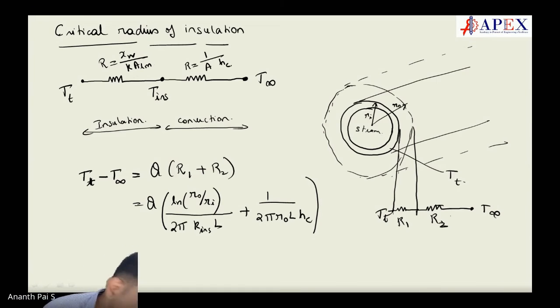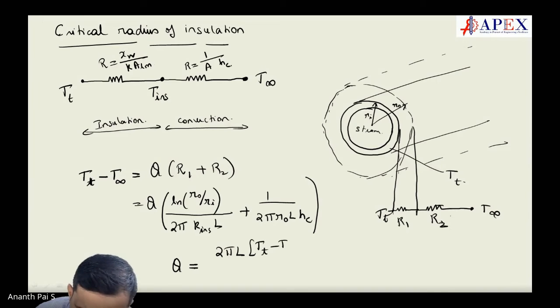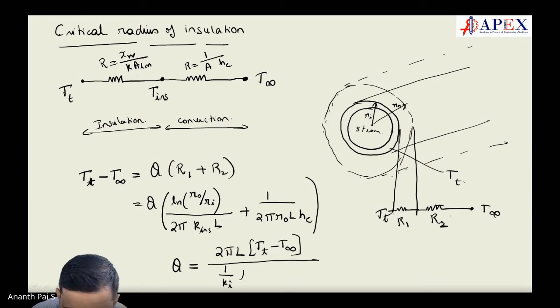Now doing this, we will see that Q is equal to 2 pi L into Tt minus T infinity divided by, if you do the proper this one, you will get it as 1 by Ki into log of R naught by Ri plus, 2 pi comes outside.